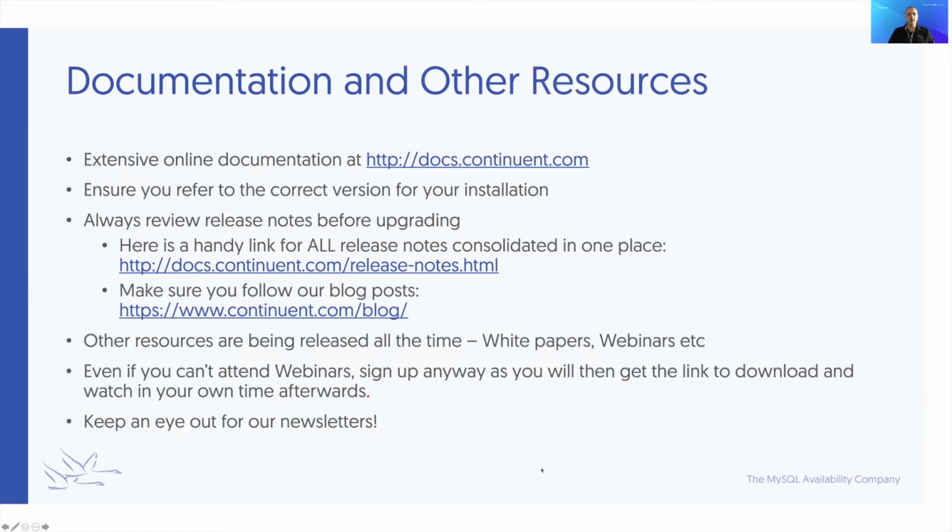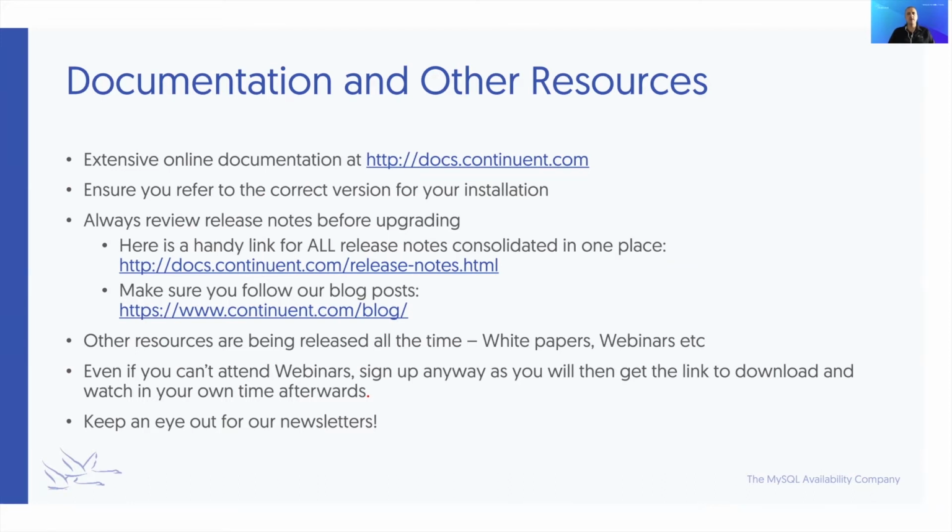Documentation. We have extensive documentation online at docs.continuent.com. It's always good to bookmark the docs, and if you need any information, there's lots there. There's lots of worked examples with various different scenarios, lots of information on all the various different properties, for example, configuring connectors and things like that. It's all there in the docs.